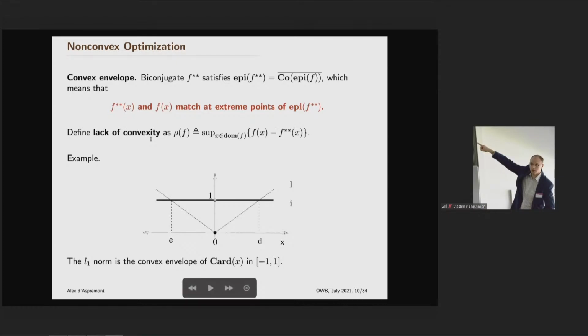And we can define the lack of convexity as the max distance between the function and its convex hull. And we use that to quantify the duality gap bounds in what follows. So the classical example of this is the relaxation of the indicator of 0 by the absolute value, which gives you, for example, the L1 relaxation.